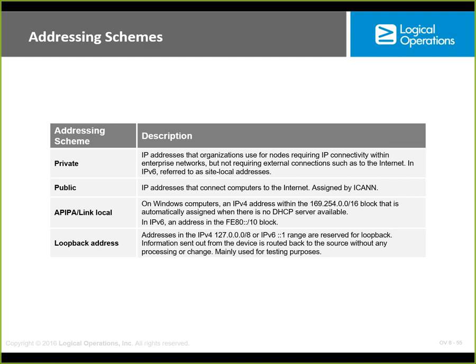And then we have a loopback address, a special address. 127.0.0.1 is the actual address. The network address is 127.0.0.0/8, a Class A network address. So we use 16 million possible addresses in order to use one. It's reserved for loopback: send out the device and write it back to the source without any processing.